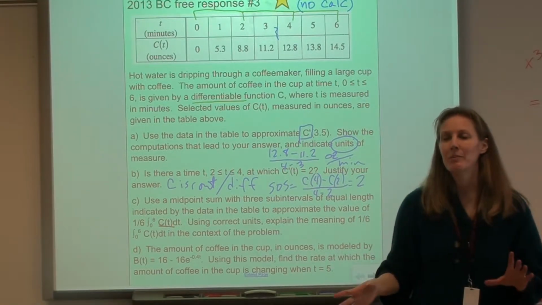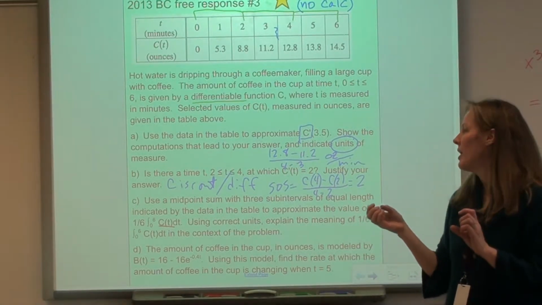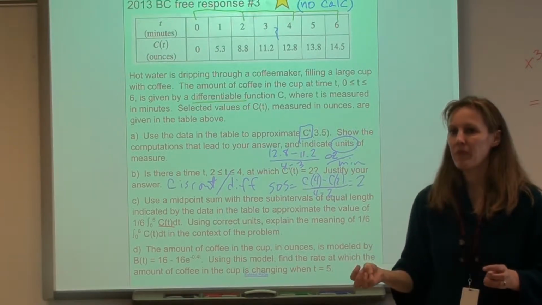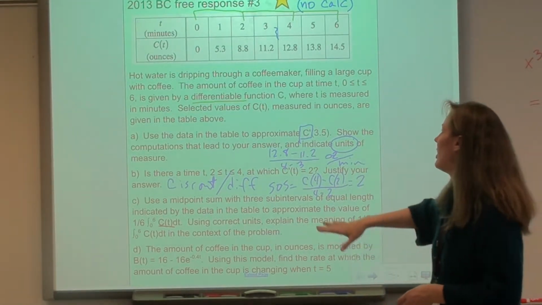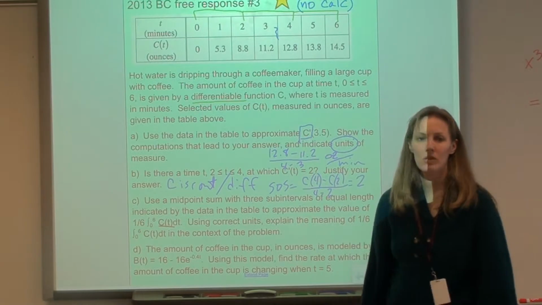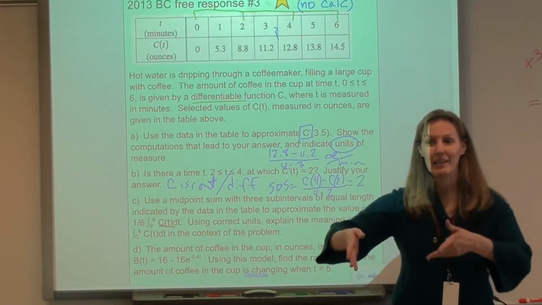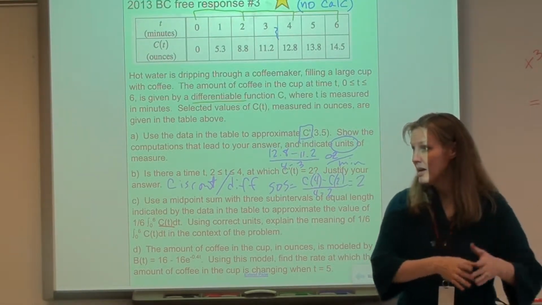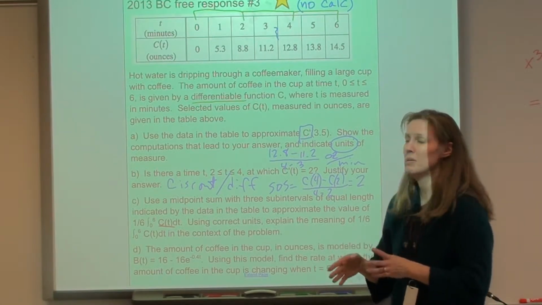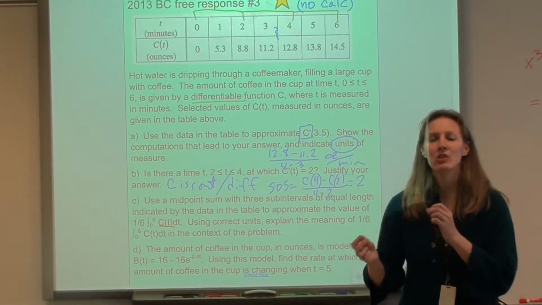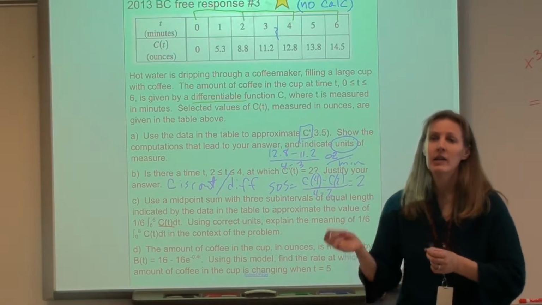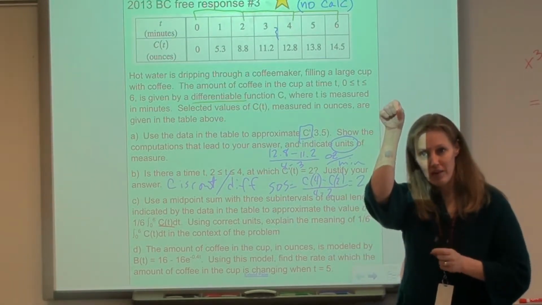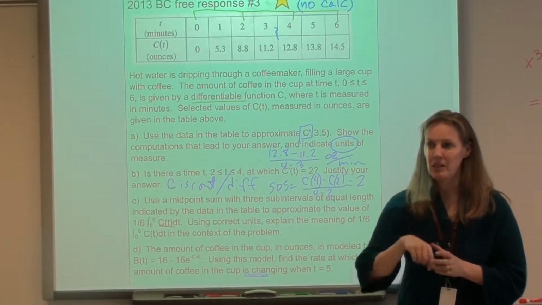So the big dilemma today was, for a midpoint rectangle, we know the width for all 3 rectangles. It's 2, right? So really it's the heights that we're concerned about. Is the height for a midpoint rectangle the average of the y's, or do you average the x's, find the midpoint, and find the y value at that spot?